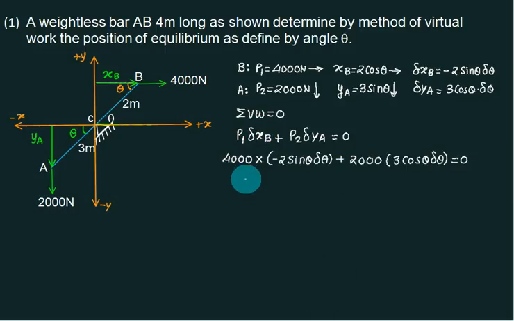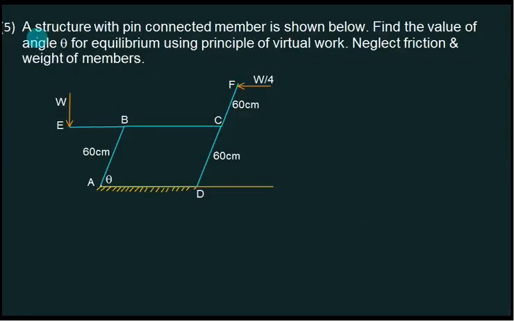So what you are getting is minus 8000, is 6000 cos theta. So you can very well generate tan theta. Tan theta is 6000 by 8000, which is 3 by 4. So theta is 36.86.